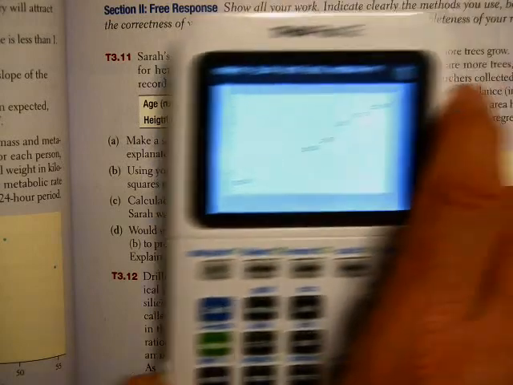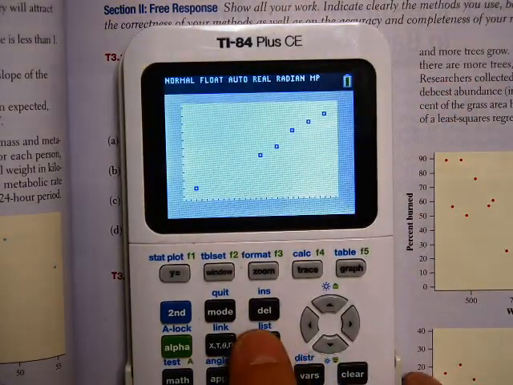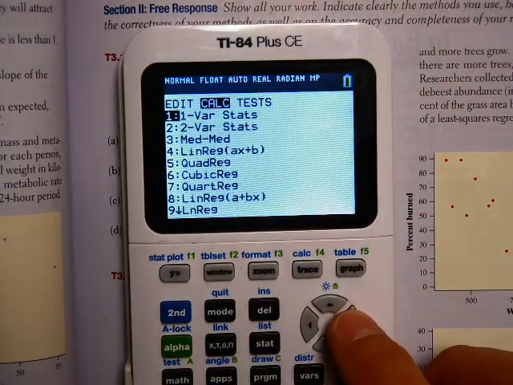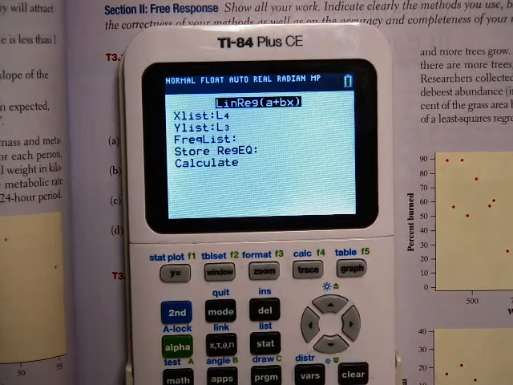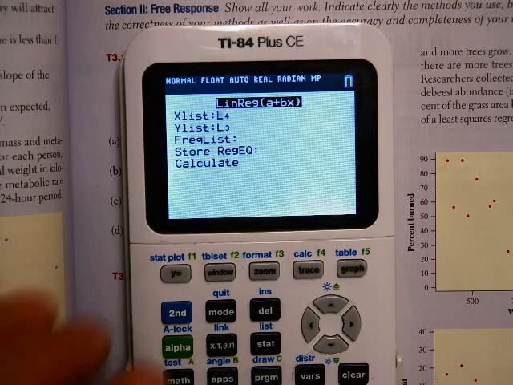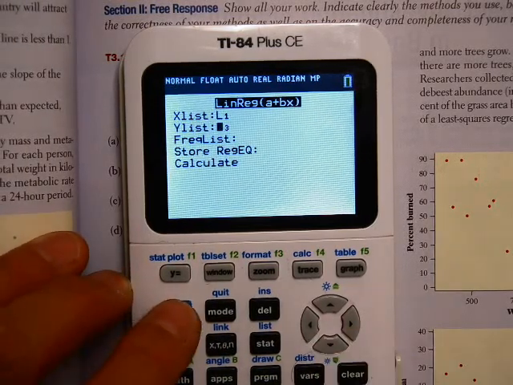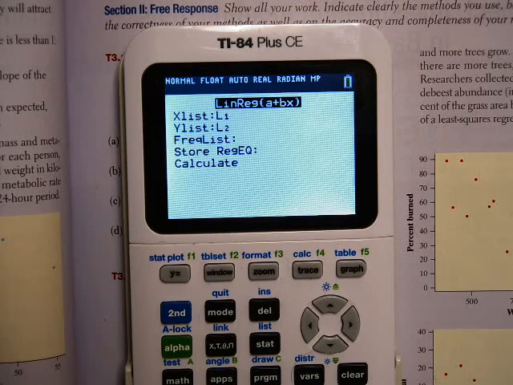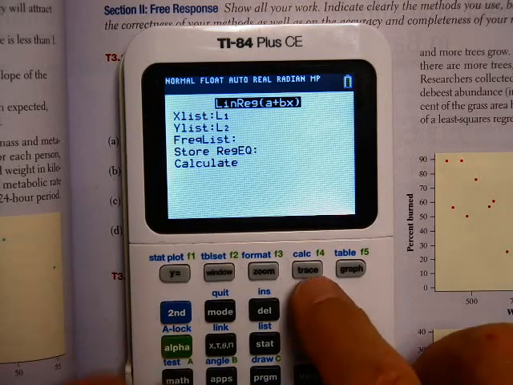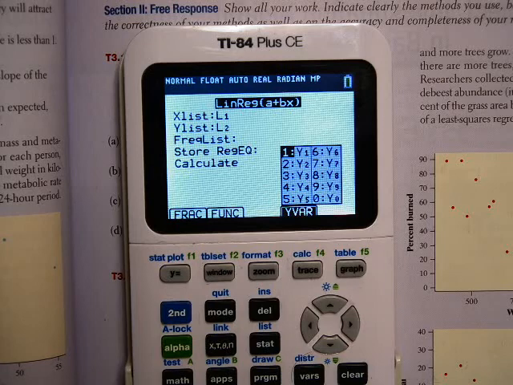Okay, so if I'm calculating that least squares regression line, I'm going to go back to stat, calc, LinReg a plus bx, where a is the y-intercept and b is the slope. Get my L1 and my L2 back in there. And I can store the regression equation. I don't know that I have to or not, but that shortcut is alpha trace. Choose maybe y1.